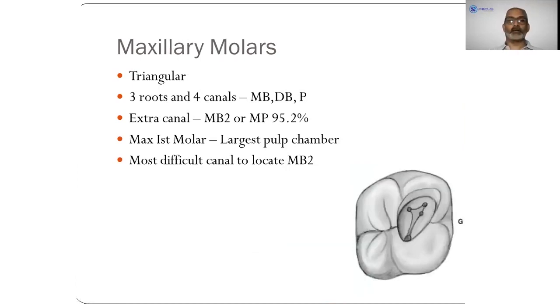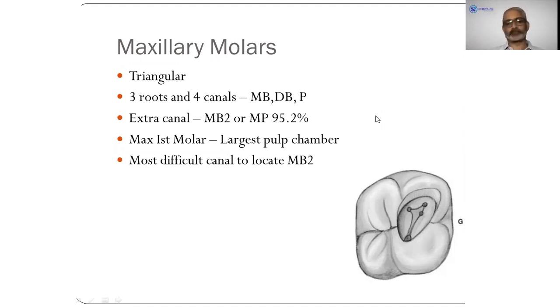So the mandibular premolar is very peculiar with the lingual tilt of the crown and the different bifurcations and trifurcations. Coming on to the maxillary molar. Generally the access preparation for your maxillary molar is triangular in shape. Why is it triangular in shape?